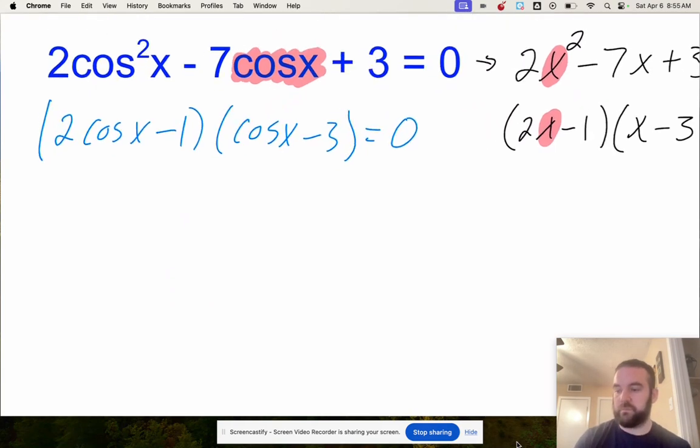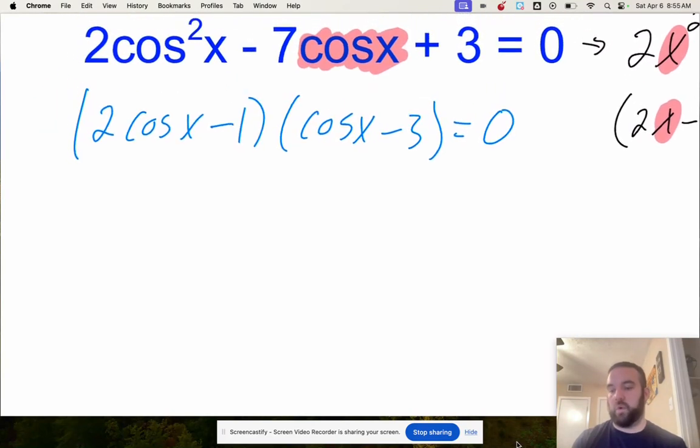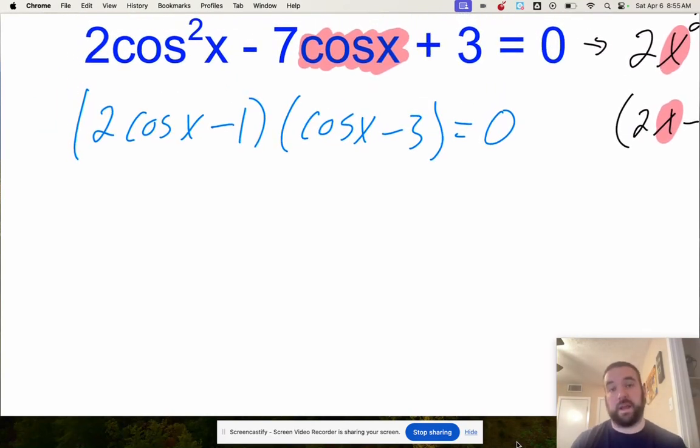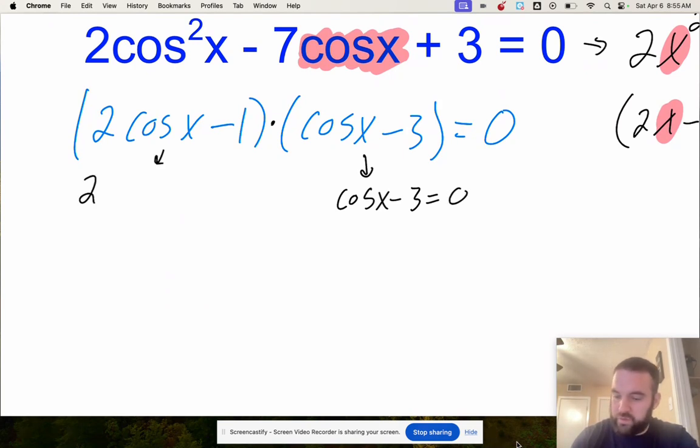The whole reason that we factor is so that I can break it into two separate factors or binomials that independently are easier to solve, to figure out when they equal 0. Because these are being multiplied together, I need either cosine x minus 3 to equal 0, or 2 cosine x minus 1 to equal 0.